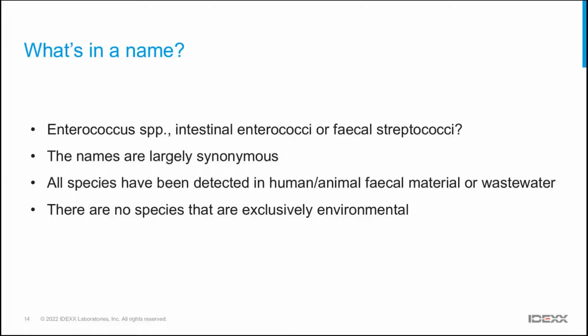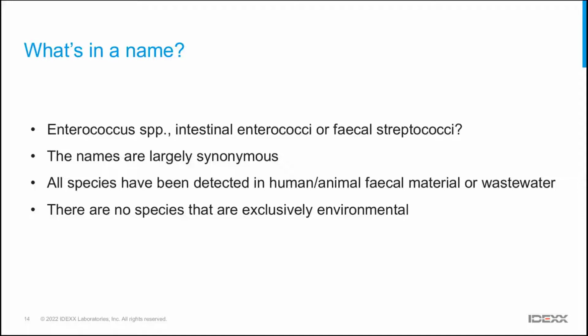So you've heard the terms already, Enterococcus and intestinal enterococci, and many of you will also have heard the term fecal streptococci. These names are largely synonymous, and certainly Enterococcus and intestinal enterococci can be used interchangeably.